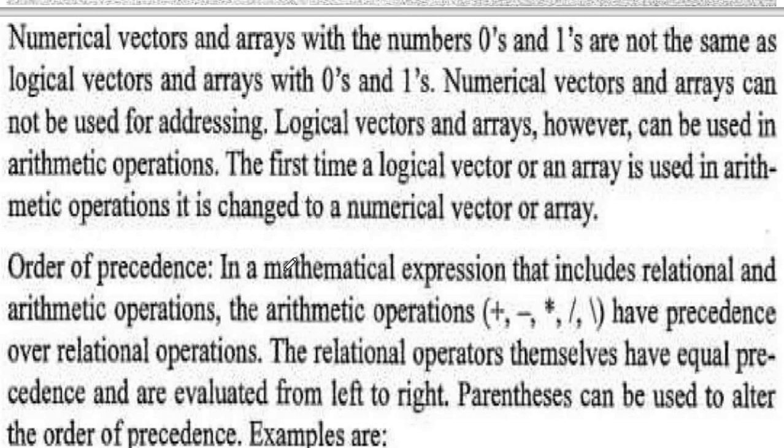Order of precedence in a mathematical expression that includes relational and arithmetic operations: arithmetic operations, namely addition, subtraction, multiplication, division, right division and left division, have precedence over the relational operators. The relational operators themselves have equal precedence and are evaluated from left to right. Parentheses can be used to alter the order of precedence.